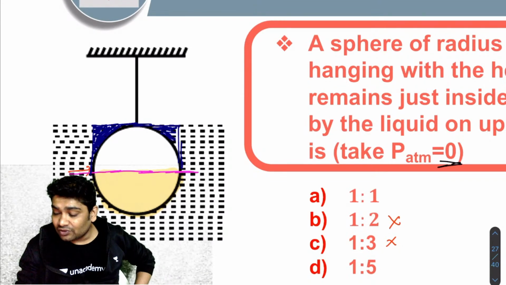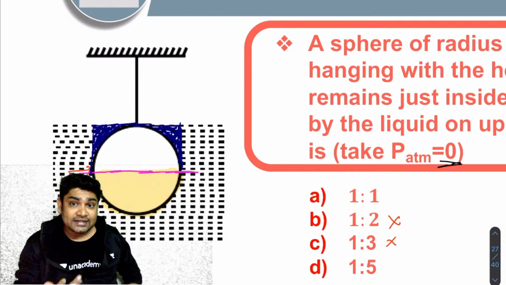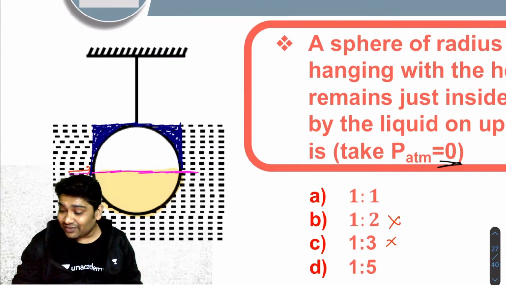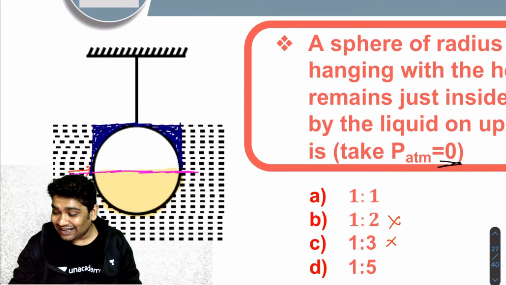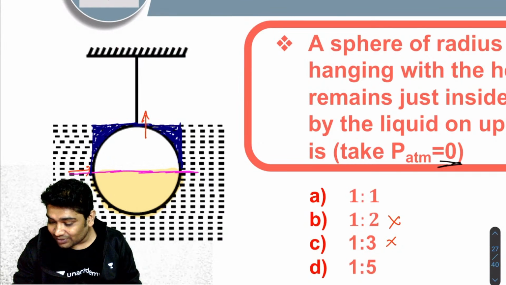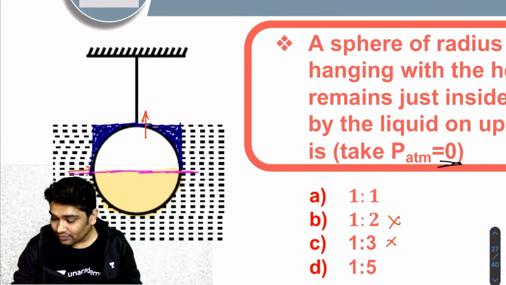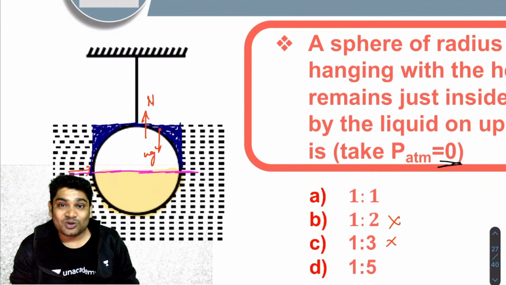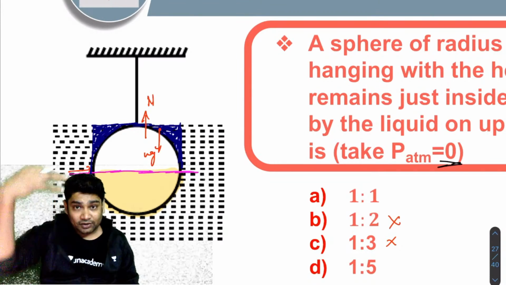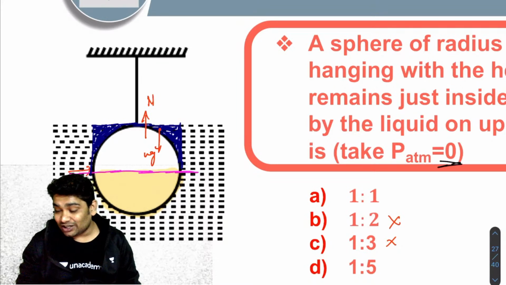You realize this, if you talk about this liquid, then how is this liquid getting balanced? How is the weight of this liquid getting balanced? It must be receiving some N from the sphere, correct? Some upward force it must be receiving from the sphere. And that should be balancing the mg of this liquid. So, if the sphere is pushing the water up by N, then the water would be pushing the sphere down by N, Newton's third law.